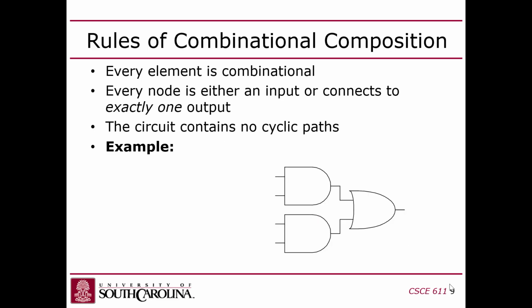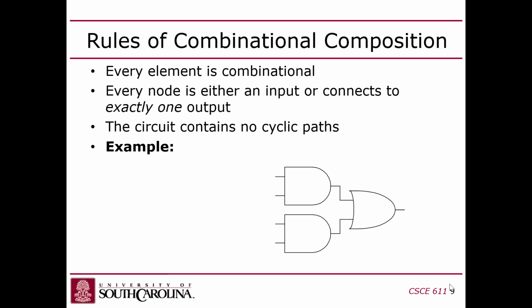In combinational logic, there are some rules. Every element is combinational, basically meaning every element is a gate as opposed to a flip-flop or RAM. So these are just gates in combinational logic. Every node is either an input, meaning input ports or input pins, or it connects to exactly one output.